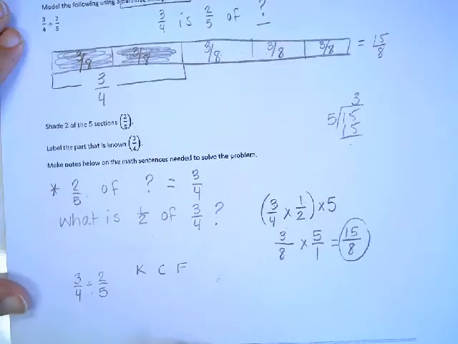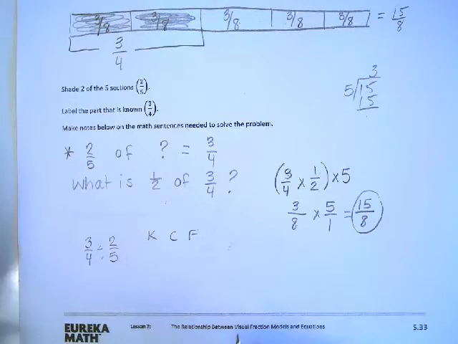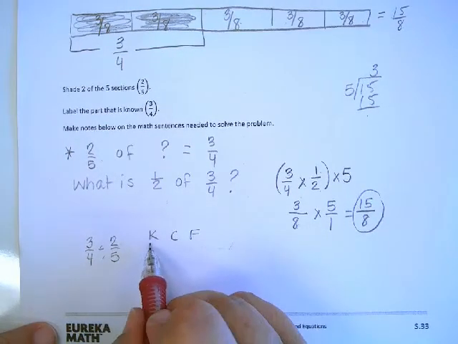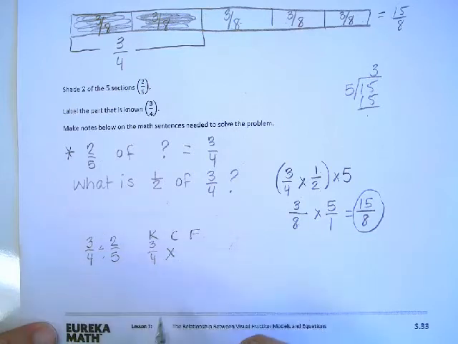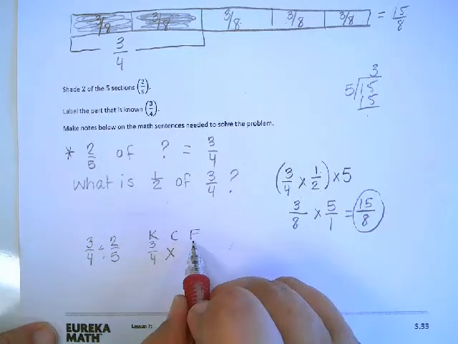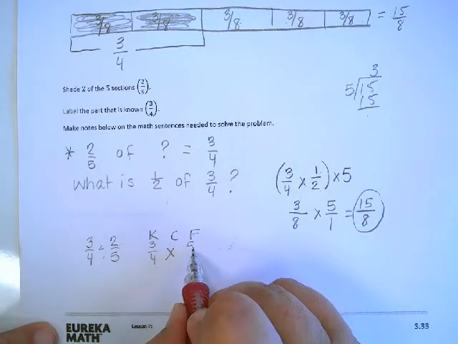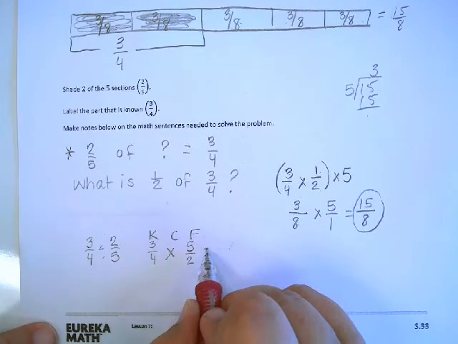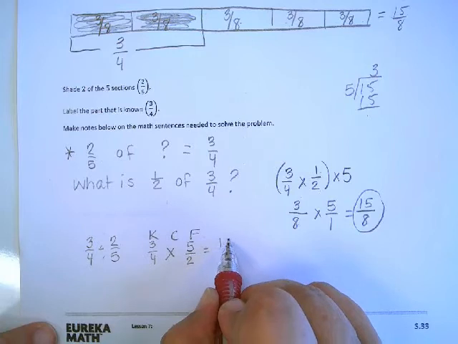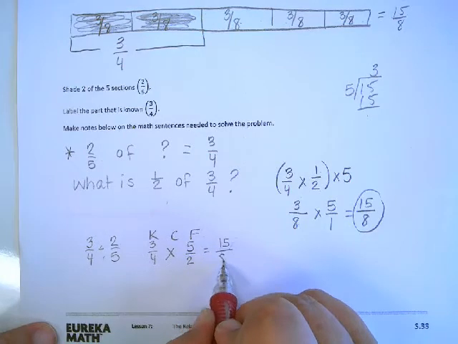Oh, I'm sorry, you probably couldn't see that. I'm going to keep my 3/4, change my division to multiplication, and flip to my reciprocal, which is 5 over 2. I multiply straight across, and I get 15 over 8.